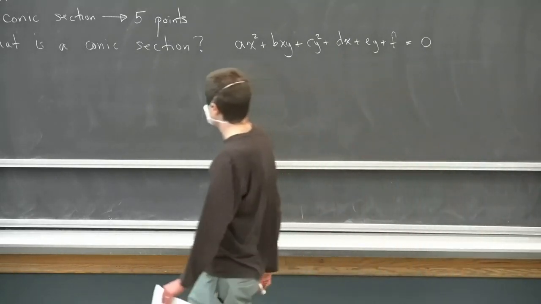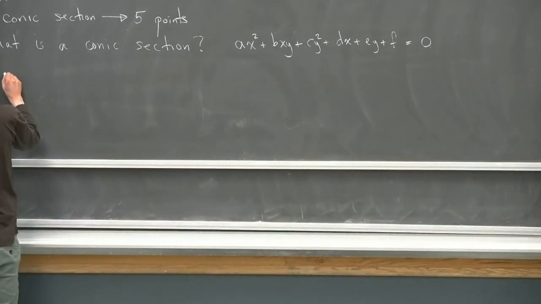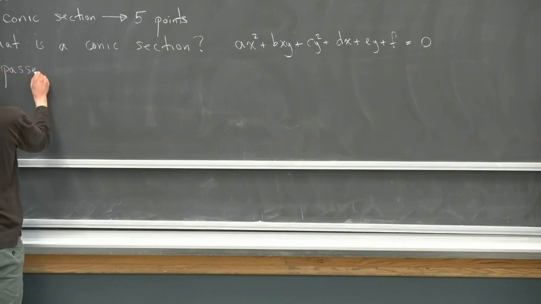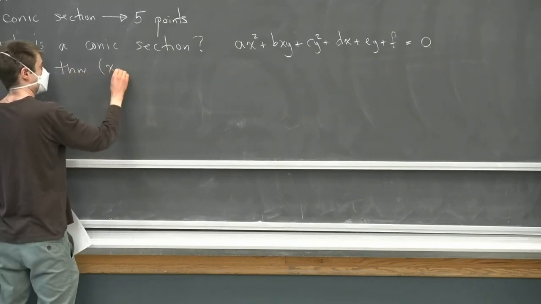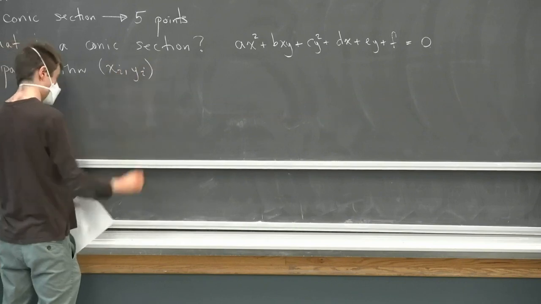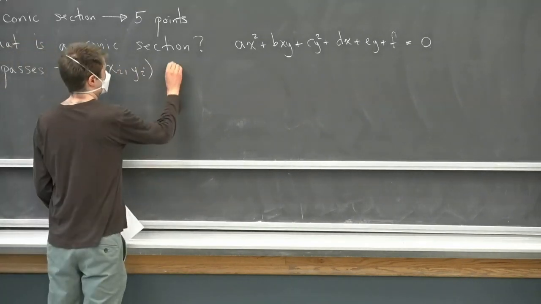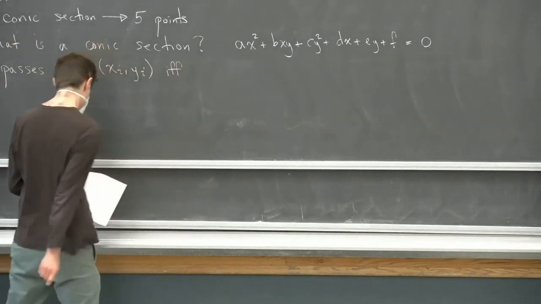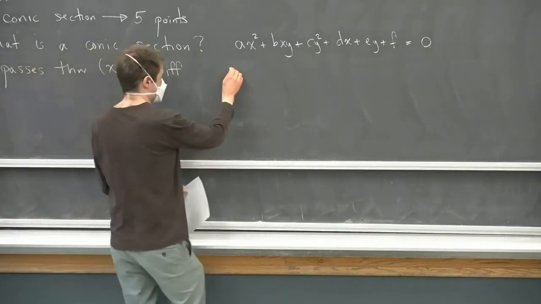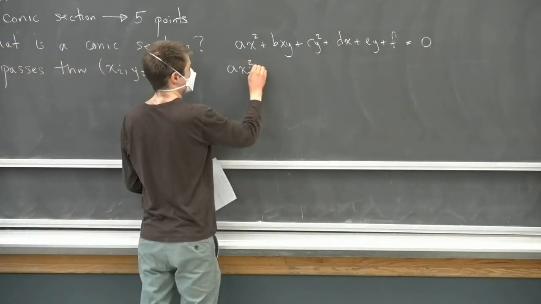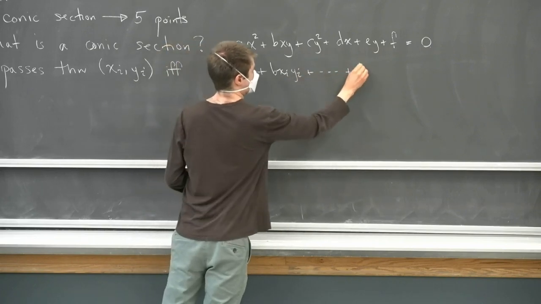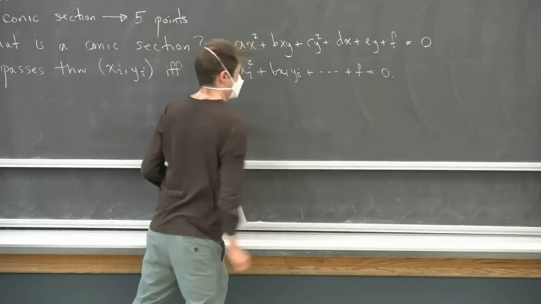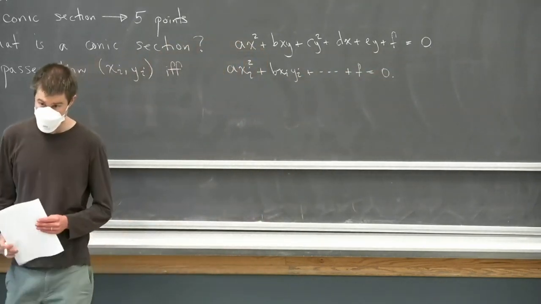And this passes through a point (xi, yi) if and only if, well, I just substitute the point into the equation of my conic.